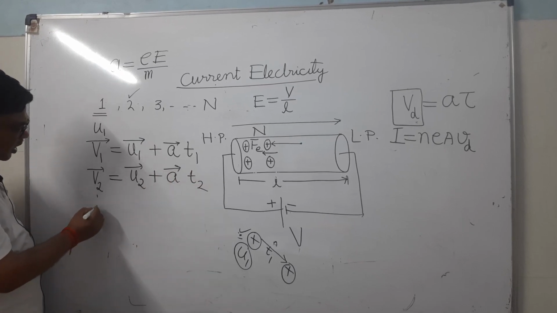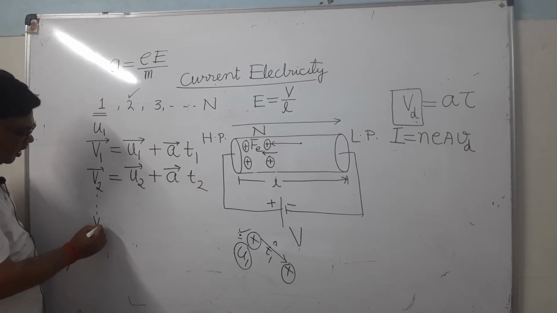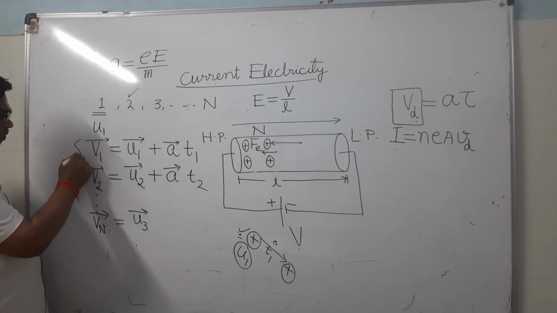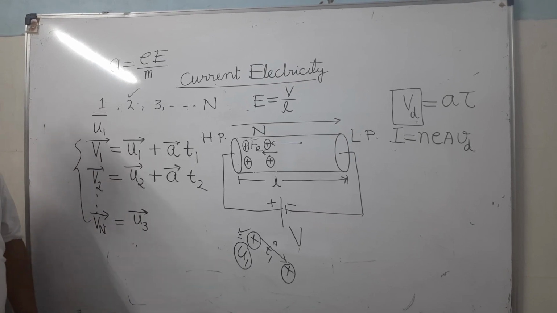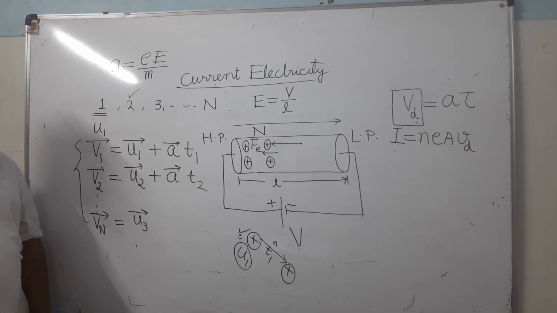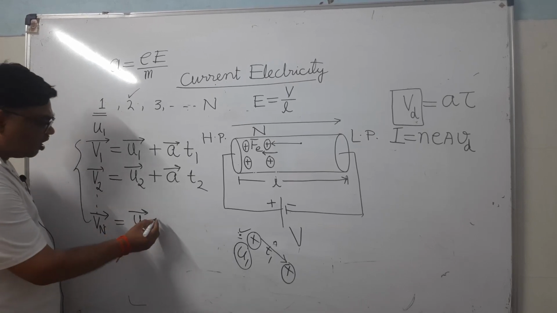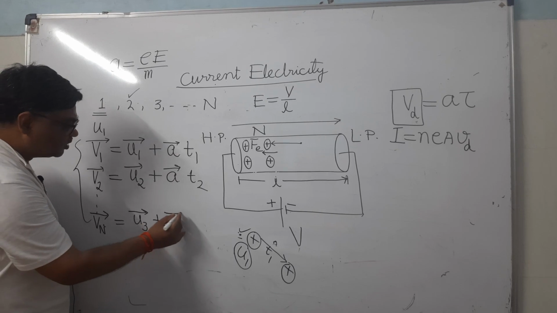There will be a similar expression for all the N electrons. This is the velocity of free electrons under the influence of potential difference.